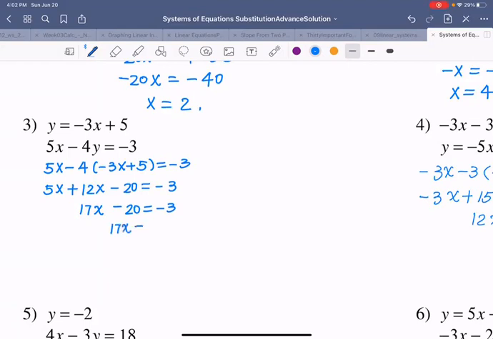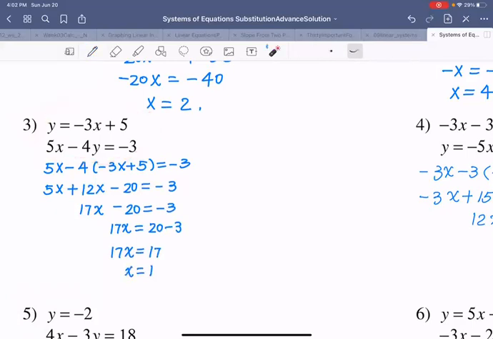17x equals 20 minus 3, which is 17, right? x equals 1.